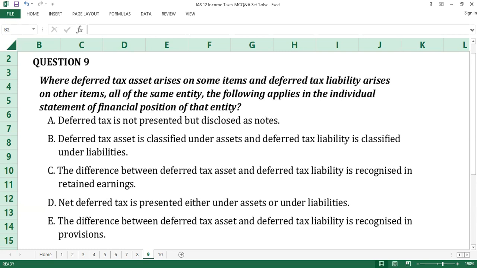B, deferred tax asset is classified under assets and deferred tax liability is classified under liabilities. C, the difference between deferred tax assets and deferred tax liability is recognized in retained earnings. D, net deferred tax is presented either under assets or under liabilities. E, the difference between deferred tax assets and deferred tax liability is recognized in provisions.